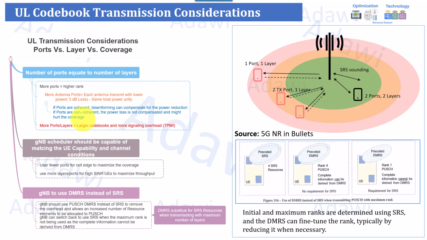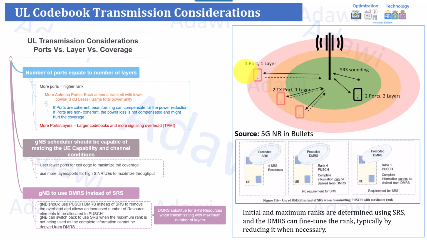And the opposite way around, if the UE is not supporting antenna coherence, it's non-coherent as mentioned here. In this case you should ensure that the very edge users are only configured with 1 port to ensure they get the full power per port.